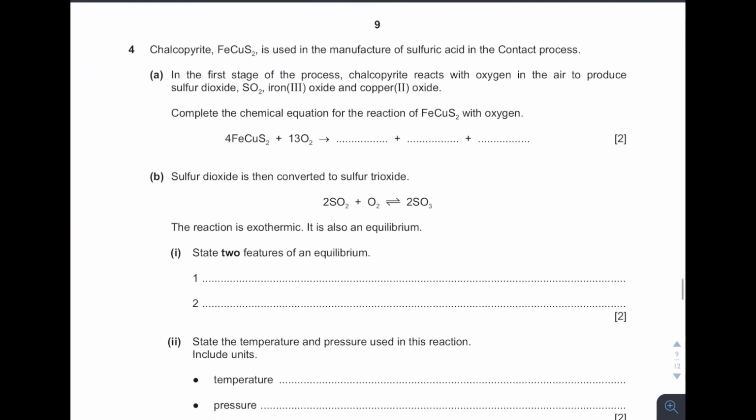Organic chem. Given here, complete the chemical equation for the reaction. Given this equation, balance it.